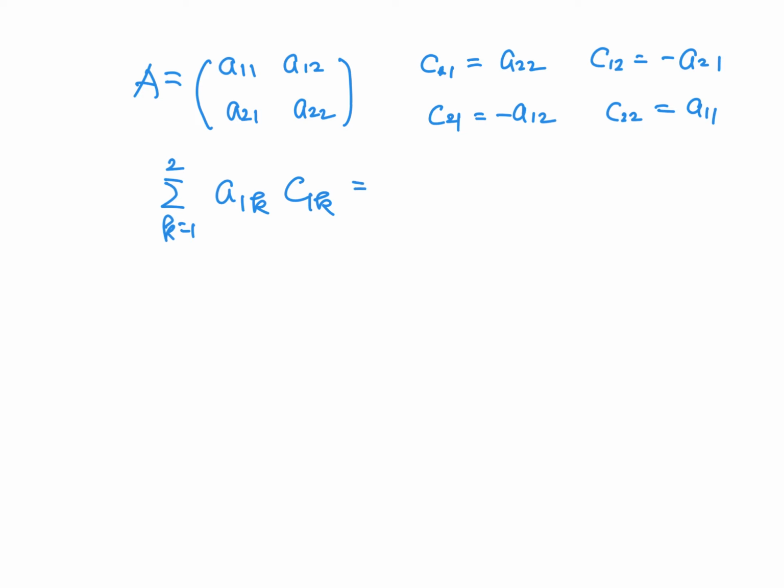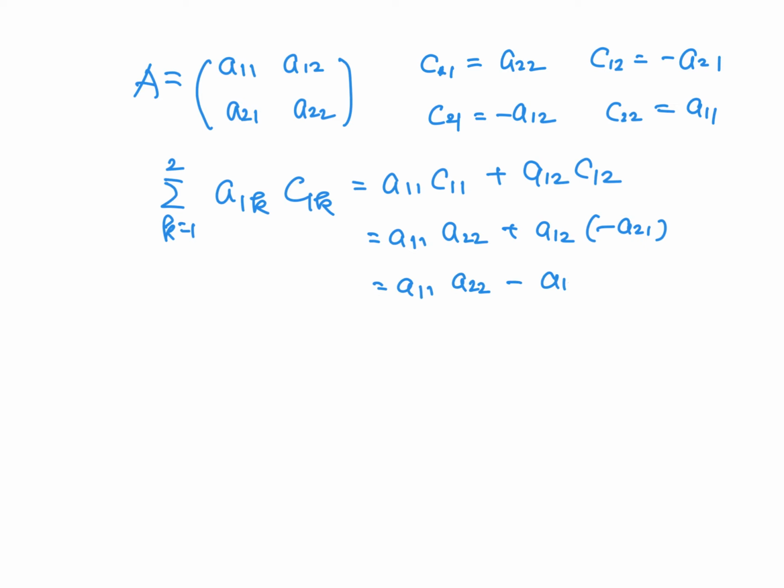So this is A11 C11 plus A12 C12, which is A11 A22 plus A12 times minus A21. So A11 A22 minus A12 A21, which is the determinant of A.